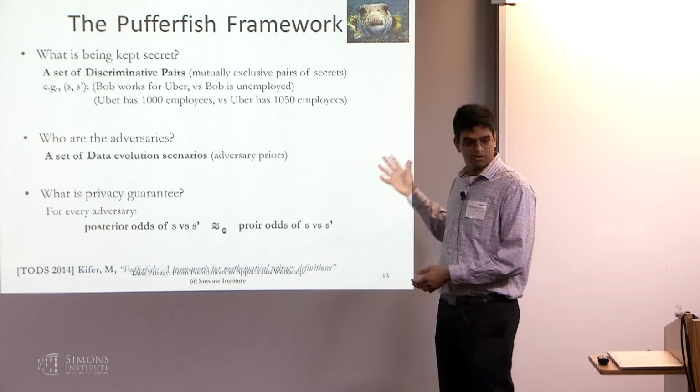So this is a good way to think about explaining what your privacy notion is, and then you can decide, is it a good definition or not, right? If the set of adversaries you can protect against is really small, then it's probably a bad definition. If for the secrets you care about, the bounds you get are very bad, then again it's a bad definition. Pufferfish does not tell you that every definition you generate from here is good. It just gives you an explanation for the definition.